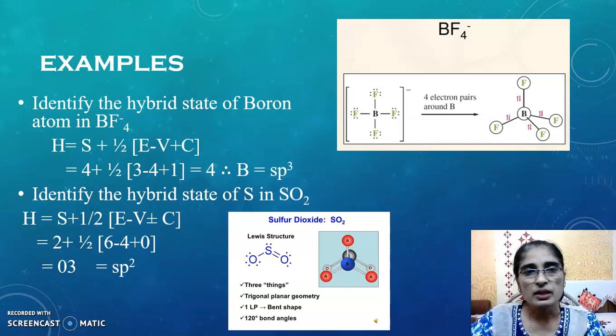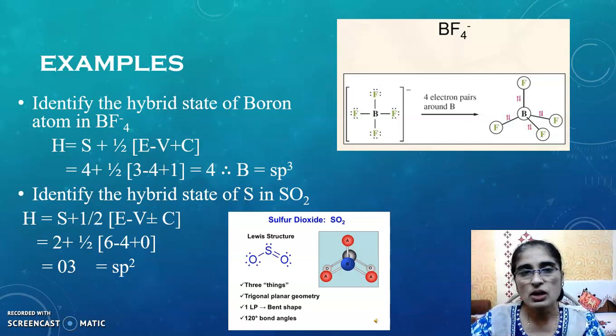The first example is how to identify the state of the boron atom in the tetrafluoroborate ion, that is BF4 minus. By writing this formula, we can substitute S, that is the surrounding atoms, 4 fluorine are there; E, that is the number of valence electrons present in the outermost shell of boron, is 3.